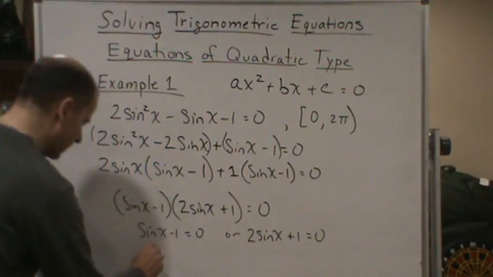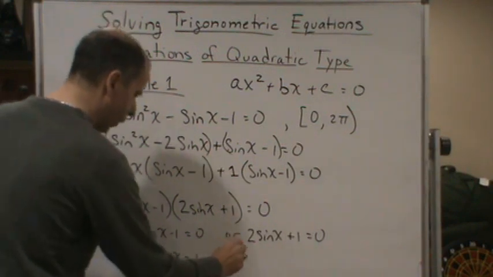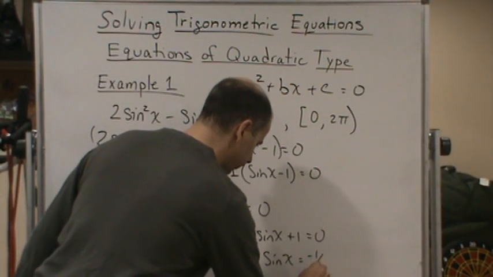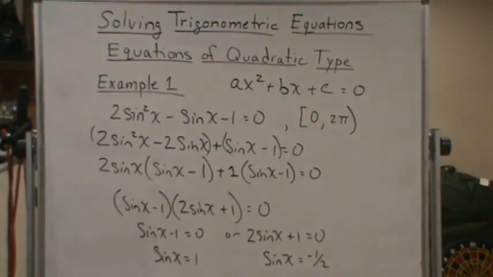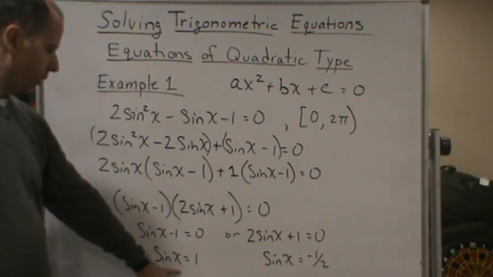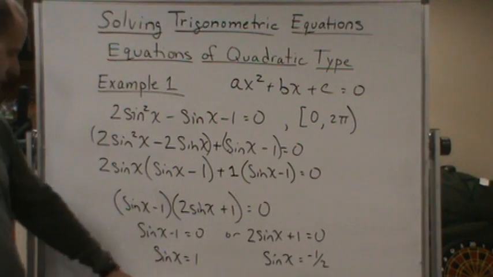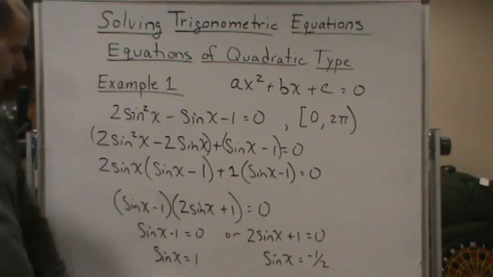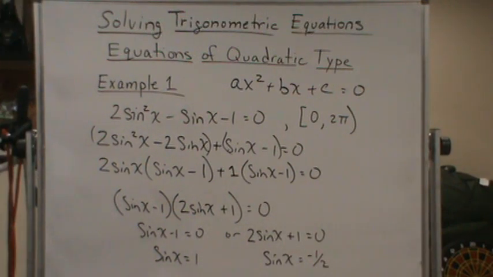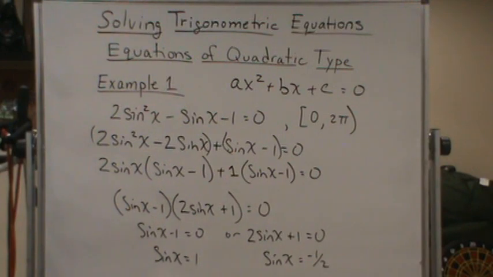Okay, so this means over here, sine x equals 1, and over here, sine x is going to equal negative 1/2. So now I've got to find out what values of x give me a sine equal to 1, and what values give me negative 1/2. Sine is positive in the first and second quadrant.